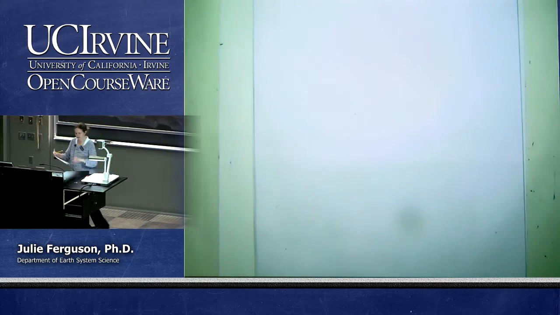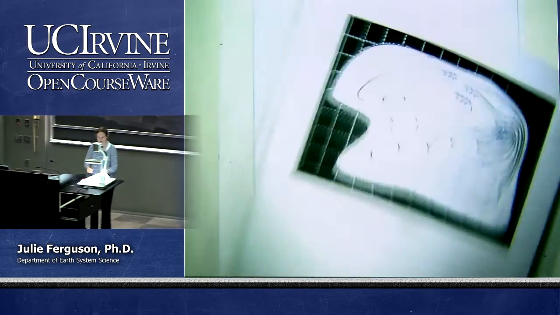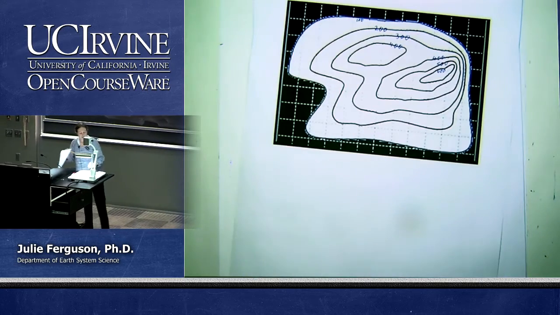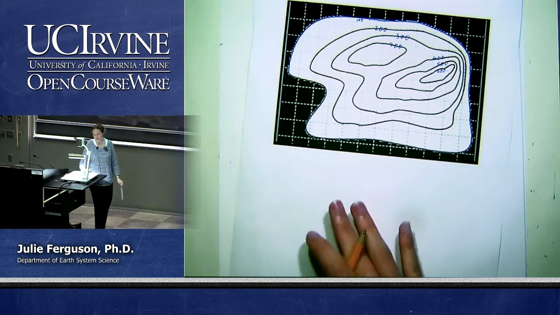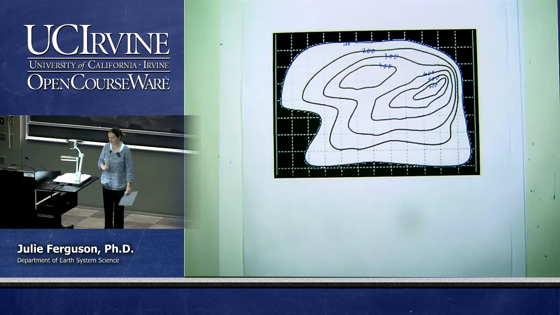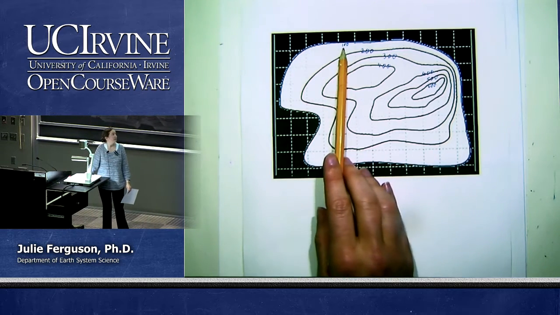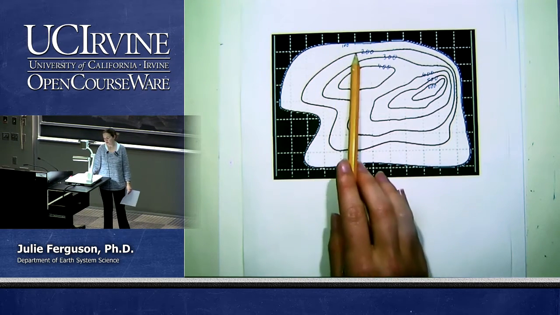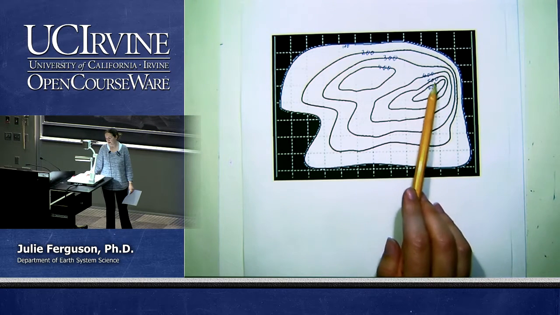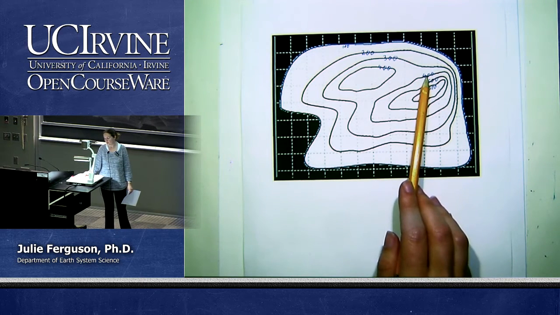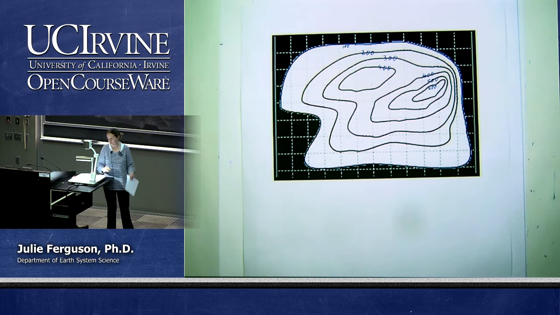So if we go back to my example, I want to show you something really neat. Here is a slightly more complicated example, but you can still see I have my 100-meter contour, 200, 300, 400, and then this one's again 400, 500, 600, okay?